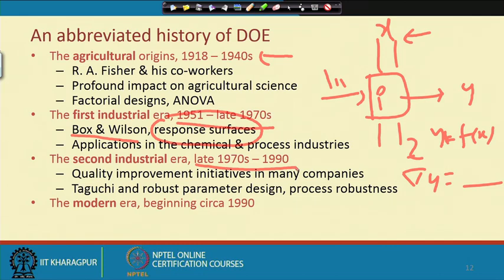At that time many other quality gurus were there: Deming, Juran, Crosby, Feigenbaum, then Taguchi, but they made different contributions in different eras.